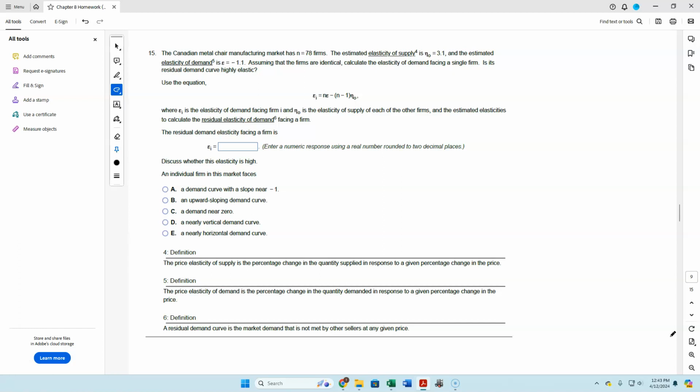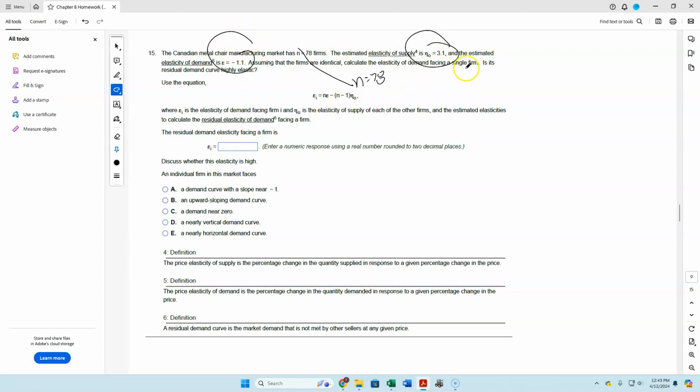Okay, so now we have a metal chair manufacturing market with 78 firms. So N equals 78. The elasticity of supply is 3.1. The elasticity of demand is negative 1.1.